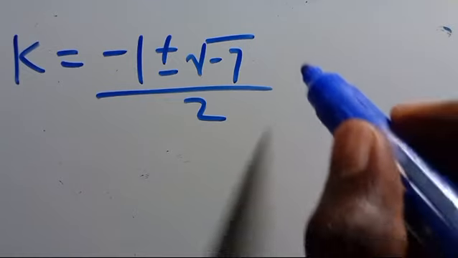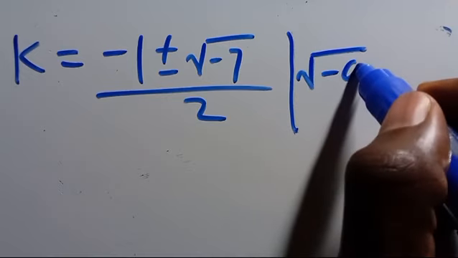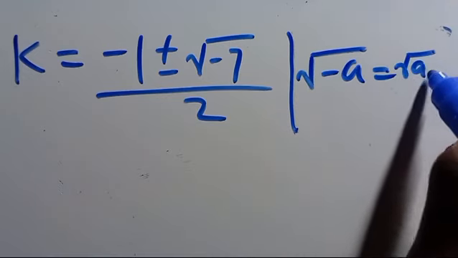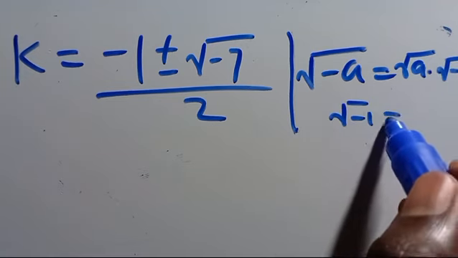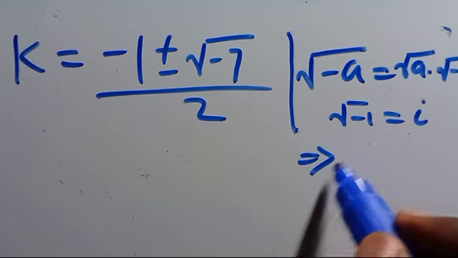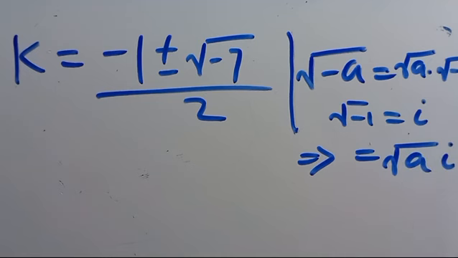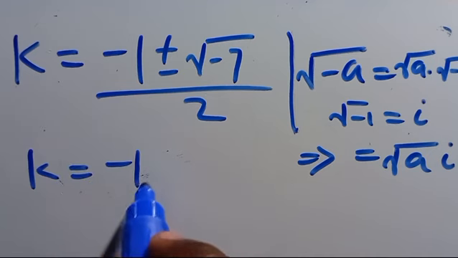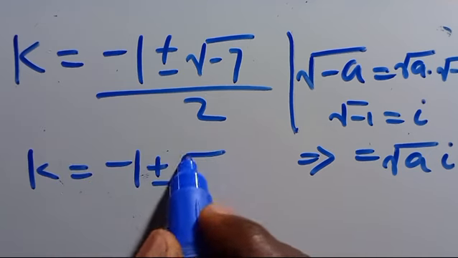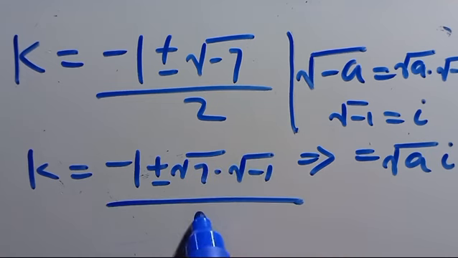Then let us recall that the root of minus a equals root of a times root of minus 1, and the root of minus 1 equals i in a complex space. So this will now be root of a times i. So from here we have k equals minus 1, positive or negative, root of 7 times root of minus 1, over 2.